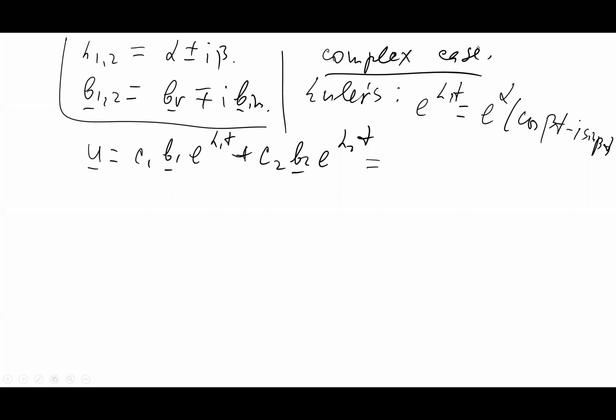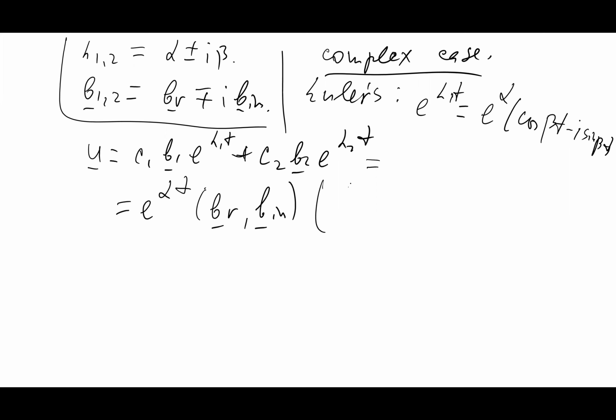So in a compact way, it can be represented like this, equals e to the power of alpha t, times our matrix B, so B real, imaginary part, and here will be cosine beta t, sine beta t, minus sine beta t, cosine beta t.